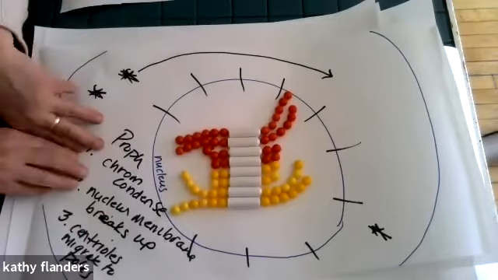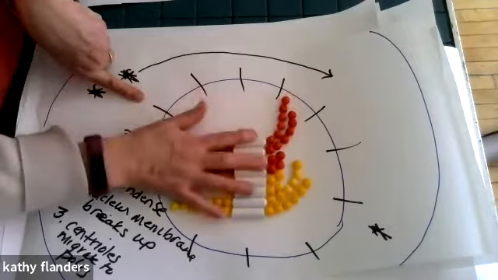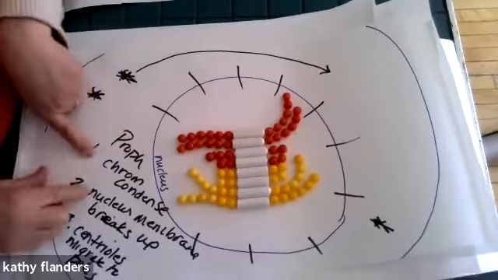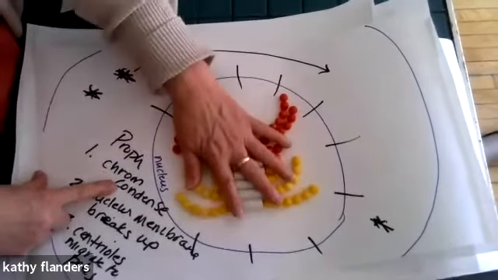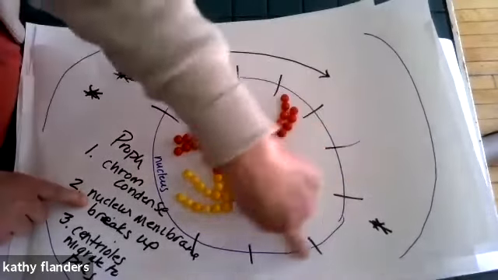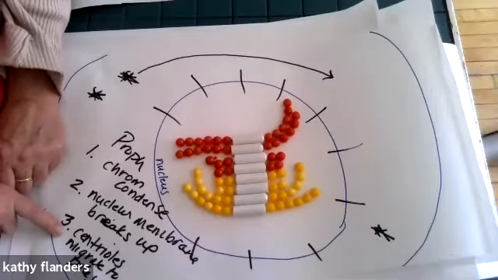Okay, so we've gone through gap 1, synthesis, where we've replicated our chromosomes, gap 2, and now we're starting prophase. In prophase, our chromosomes have condensed, our nuclear membrane is breaking up, and my centrioles are going to the poles.